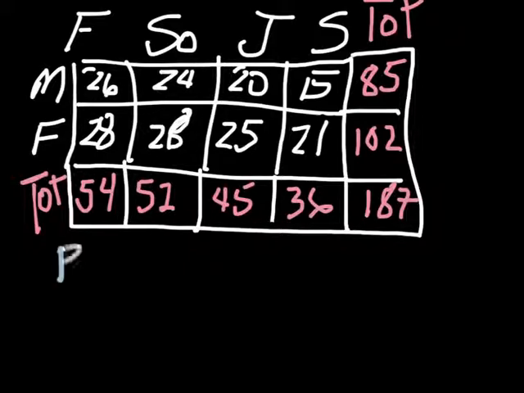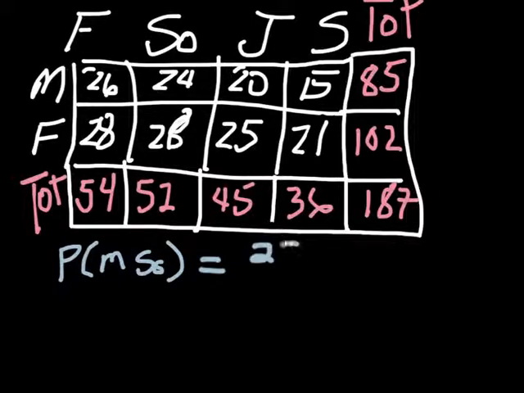When I look at this table, I'm only going to see this number right here, 28. Those are the male sophomores.